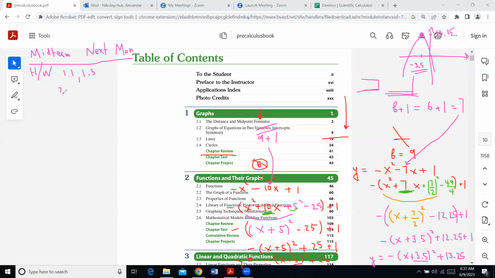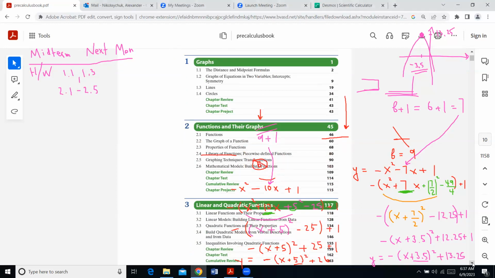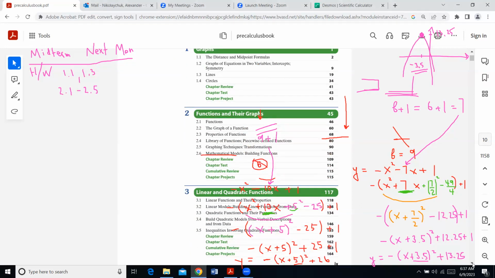From chapter 2, we looked at the first 5 sections, from 2.1 through 2.5. And then we also moved to chapter number 3, where we worked with lines and the others. So it was 3.1, 3.3, and 3.5.